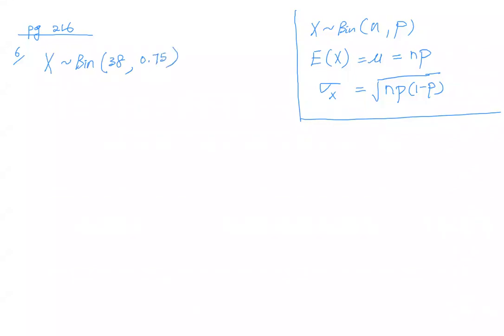So we want to find the mean. How many patients do I expect to be cured within a week out of the 38? So 38 times 0.75.